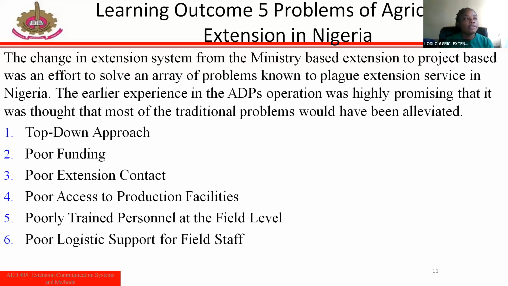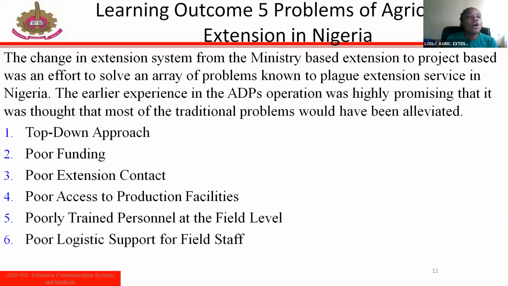Let's move on. Now, the last learning outcome for this class is learning outcome four, which is the problem of agricultural extension in Nigeria. Agricultural extension in Nigeria has faced a lot of problems, right from the onset of establishment. It was formed during the time of the agricultural development program.